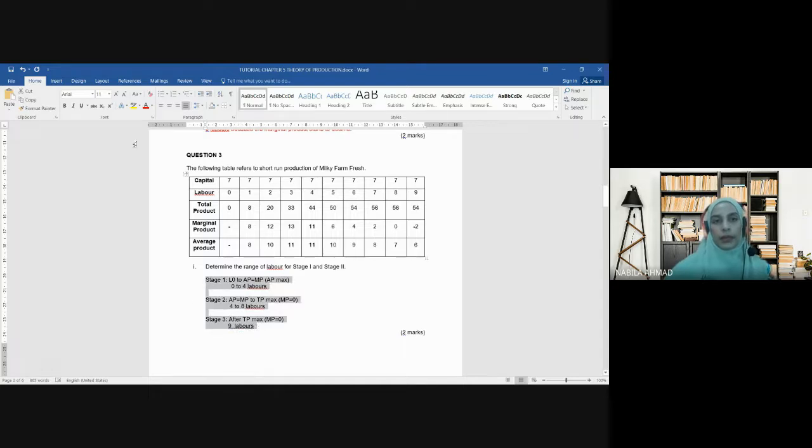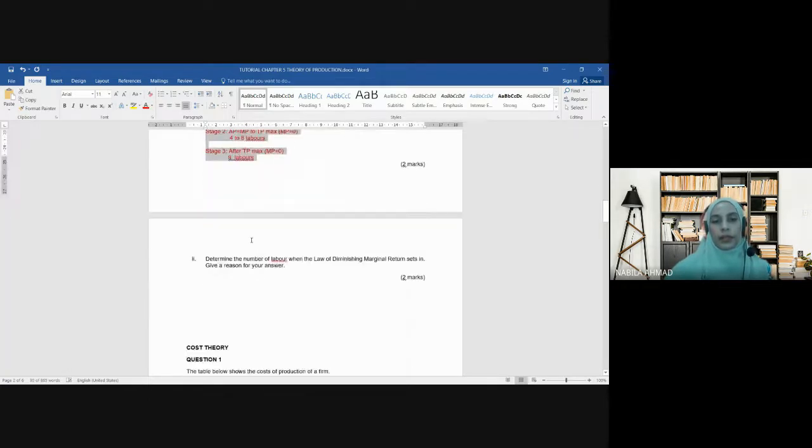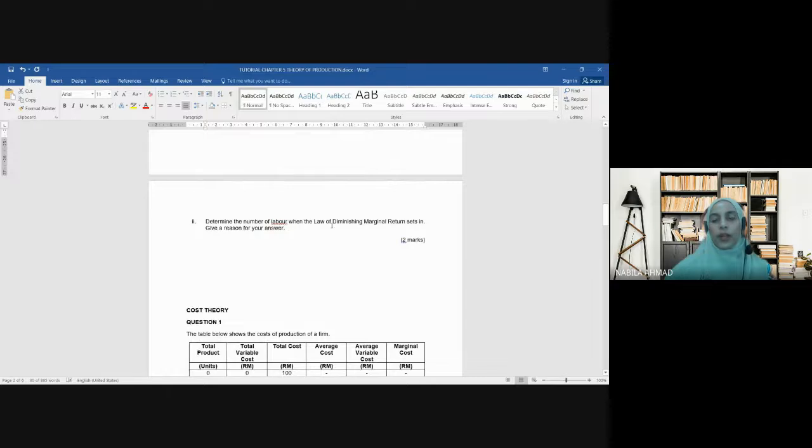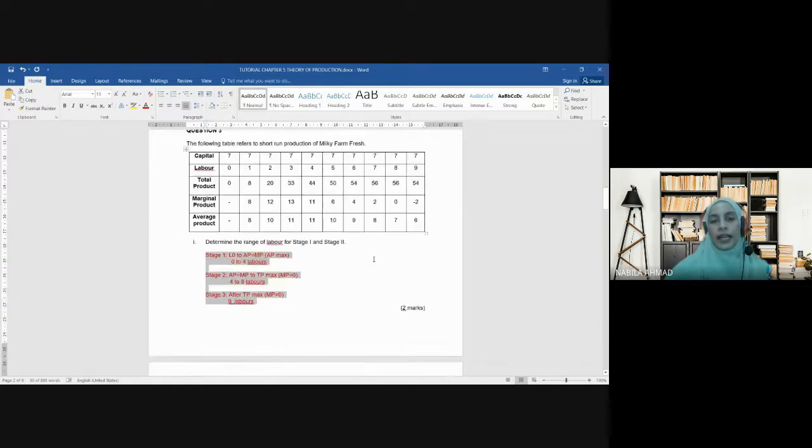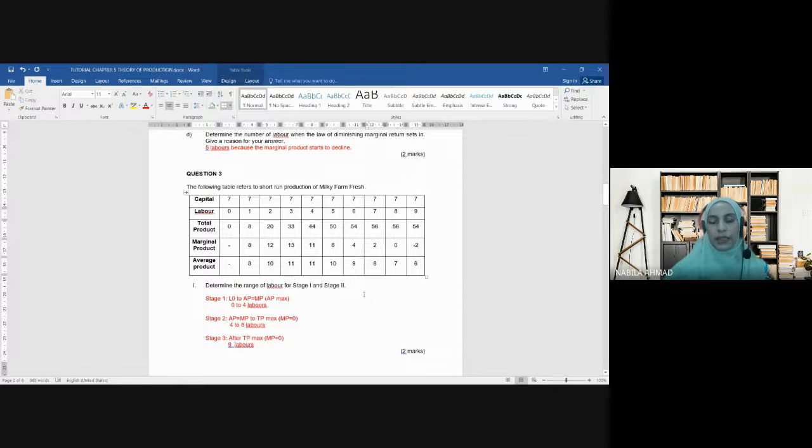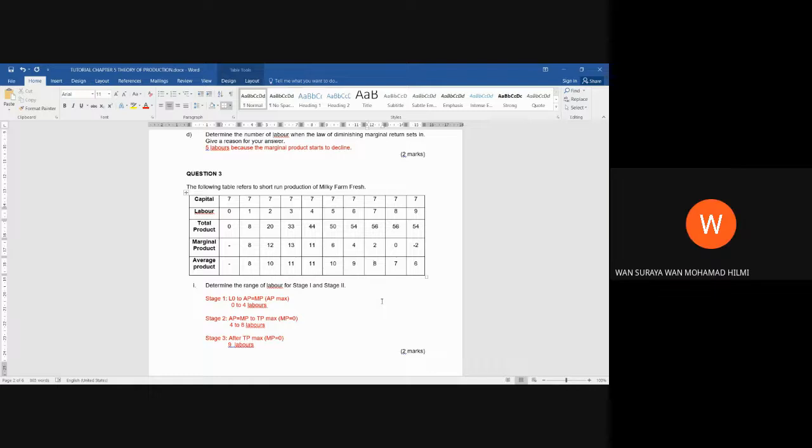Okay. Right? Okay, determine the number of labor when the law of diminishing return sets in. Senang je kan? Nah, di mana law of diminishing return berlaku? Berapakah number of labor? Siapa boleh bagi tahu? Berapa? 4.